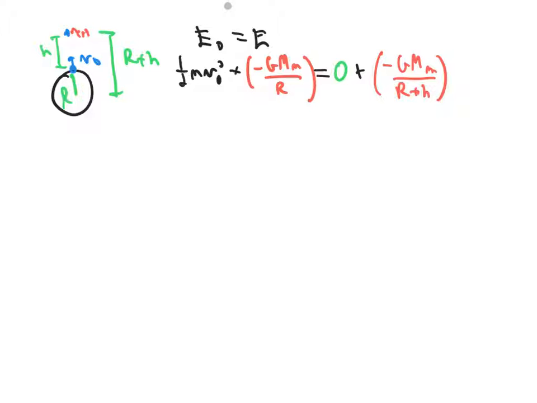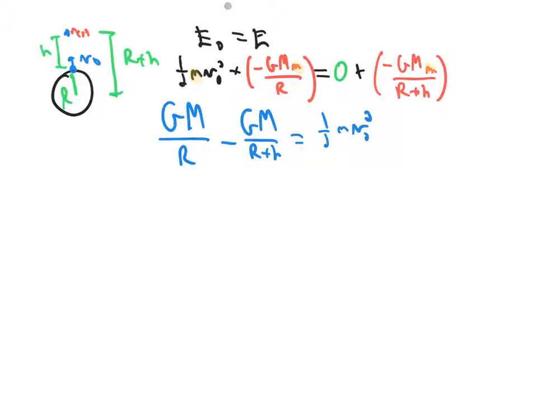The first thing we notice, as is often the case, is that the mass of the rock drops out, so that's nice. And so we can bring one term over to the other side. So maybe we get something like G mass of Io over r minus G mass of Io over r plus h equals 1/2 m v squared.